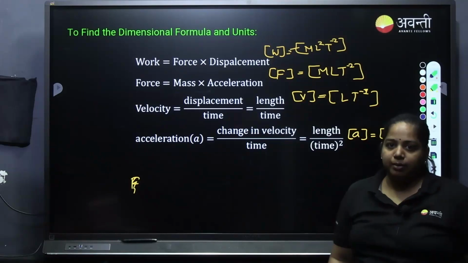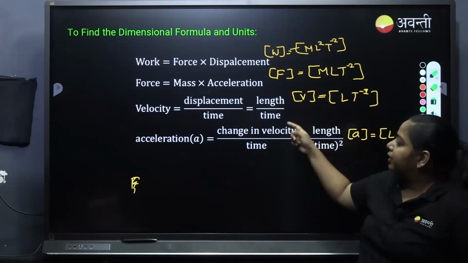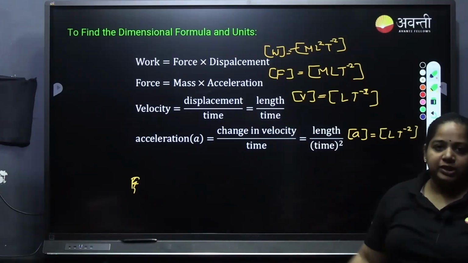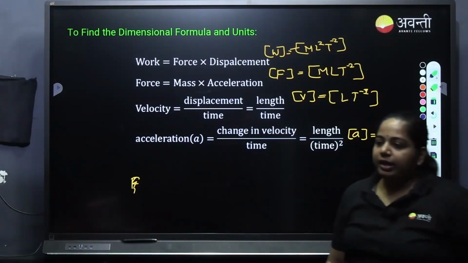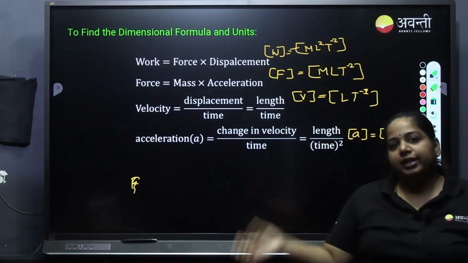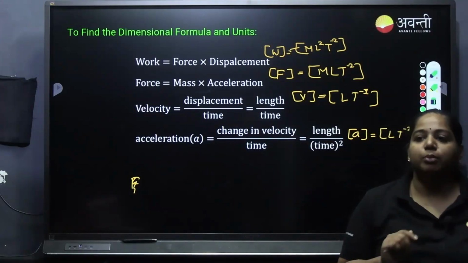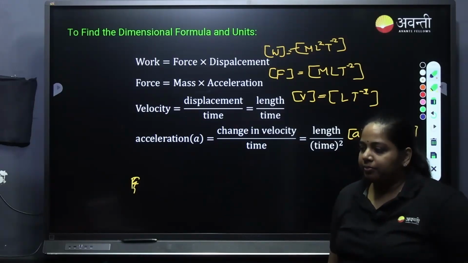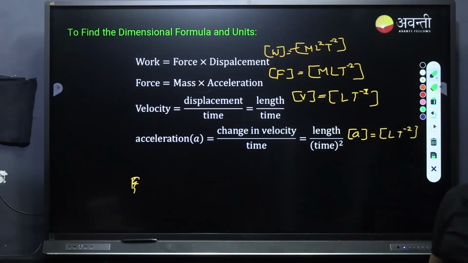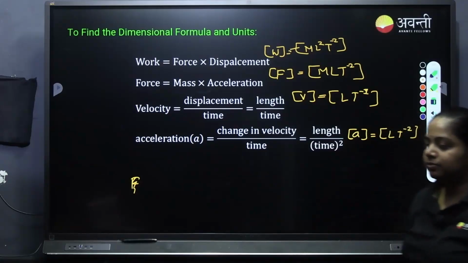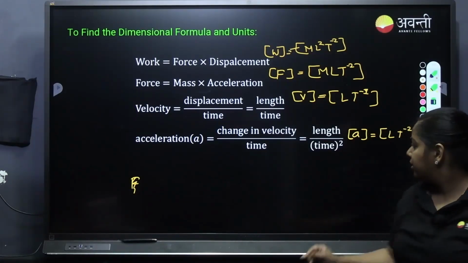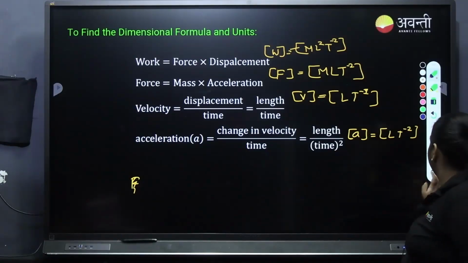M L square T minus 2. Force, velocity, acceleration. I hope everybody understood how we are using the dimensional formula for writing derived quantities in terms of fundamental quantities. That is the dimensional formula. Is that clear?